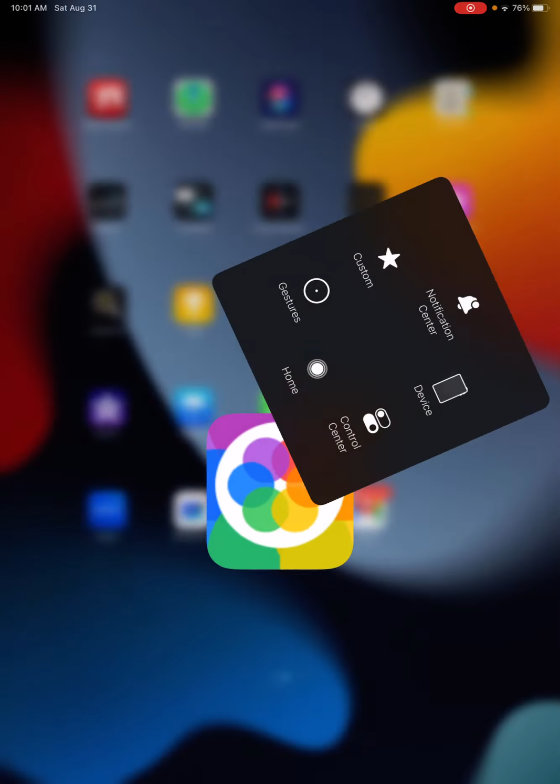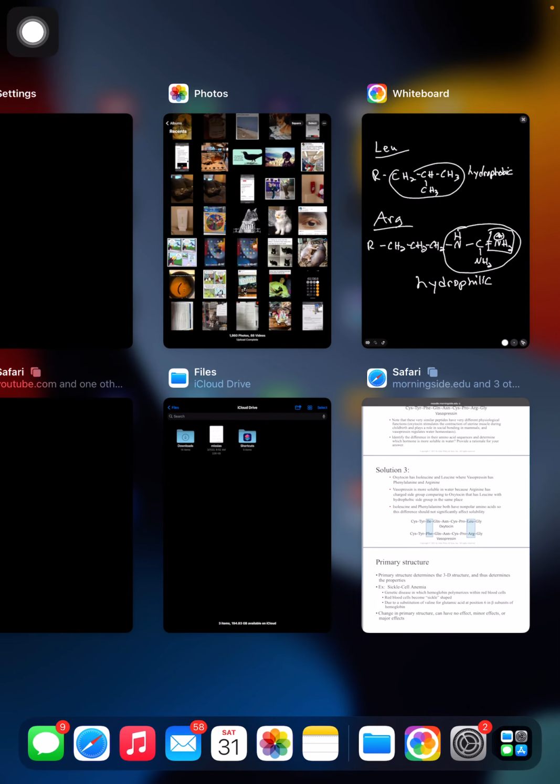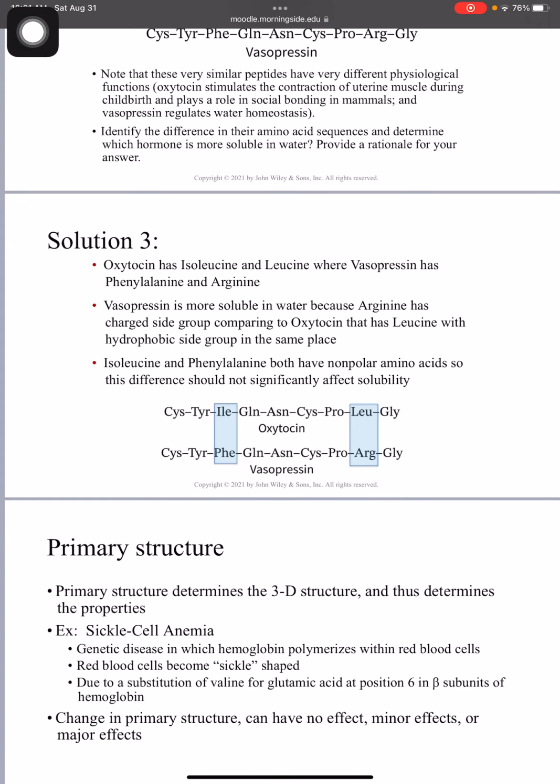Because of that, the one with arginine, which is vasopressin, is going to have extra water solubility. Extra water solubility can affect where it is going to be in higher concentrations in different areas of the body, what membranes it can cross, and what substrates it can interact with, right?